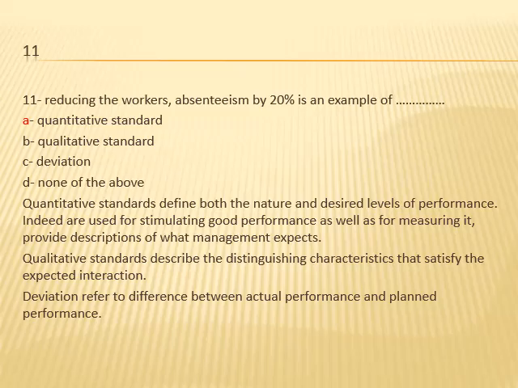This is the difference between qualitative and quantitative methods. Deviation is used to measure the difference between actual and planned performance. Deviation, the difference between actual performance and planned performance, is statistically usually used.